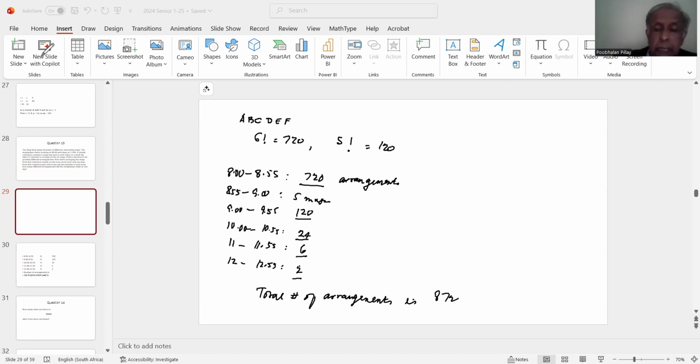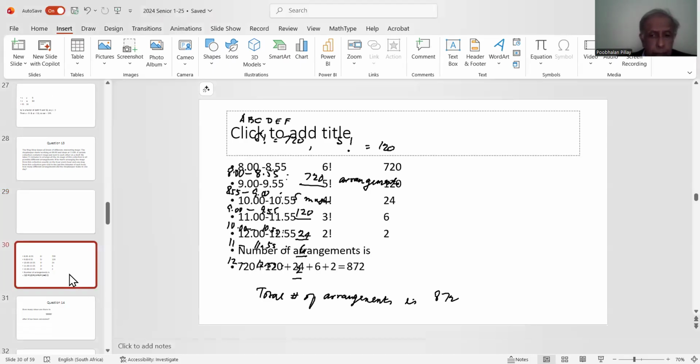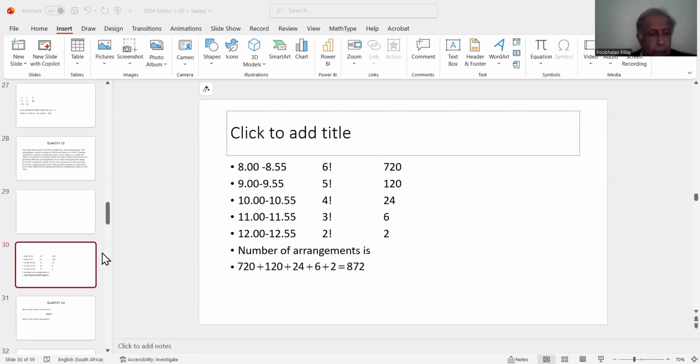Simply, you just have to add all those numbers which have been underlined. So there you can see the answer is 872. All right.